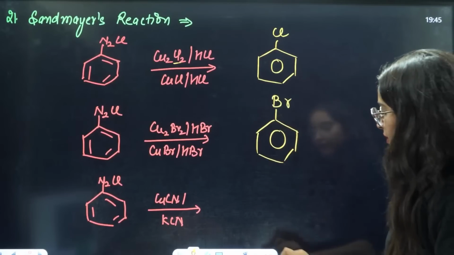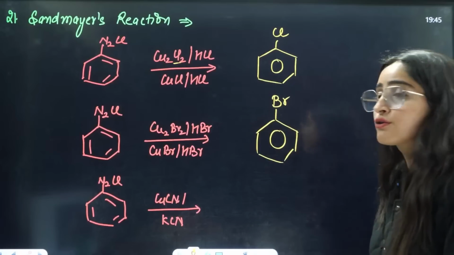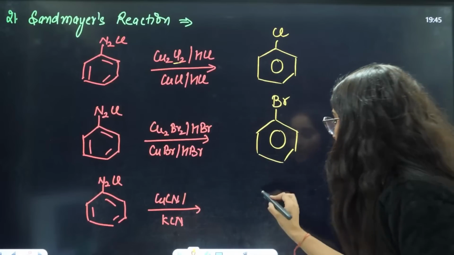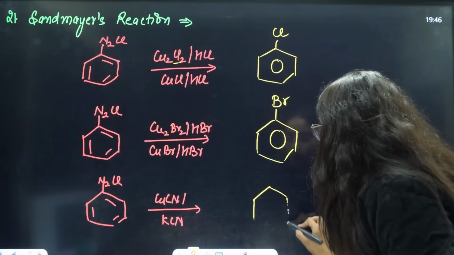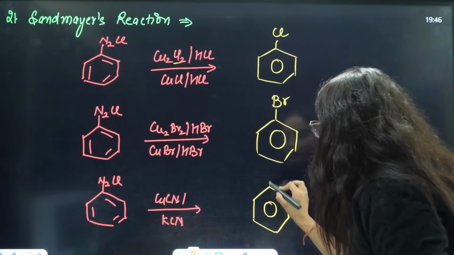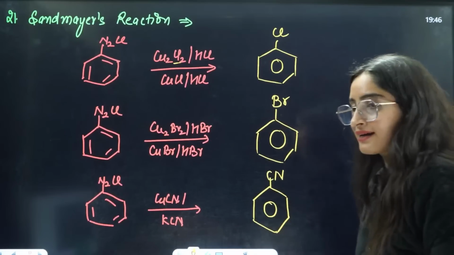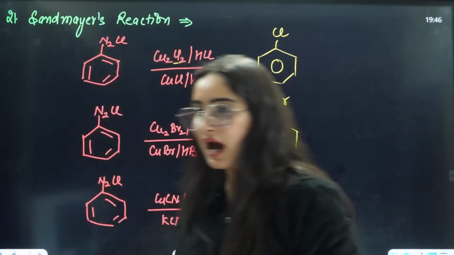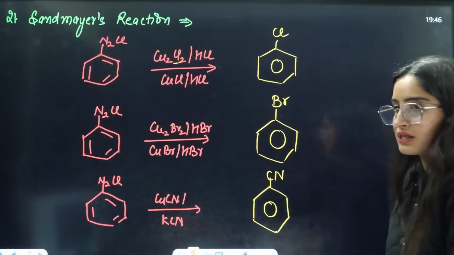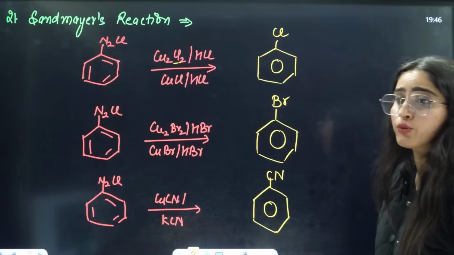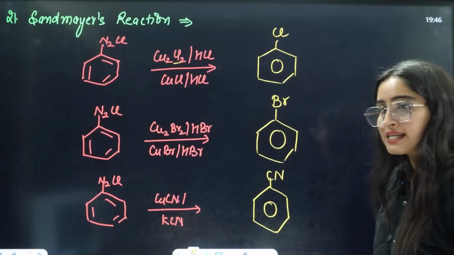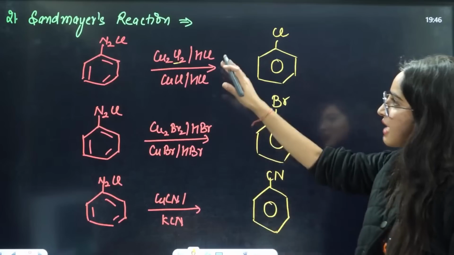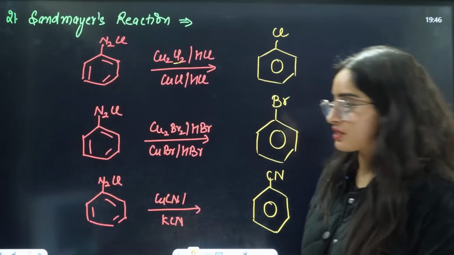If you have not chloride, not bromide, you have CuCN, you will have the attachment of CN group here, that is nitrile group will be attached on this position. Okay, nitrile group will be attached here, right? Okay, now these are your Sandmeyer reaction.